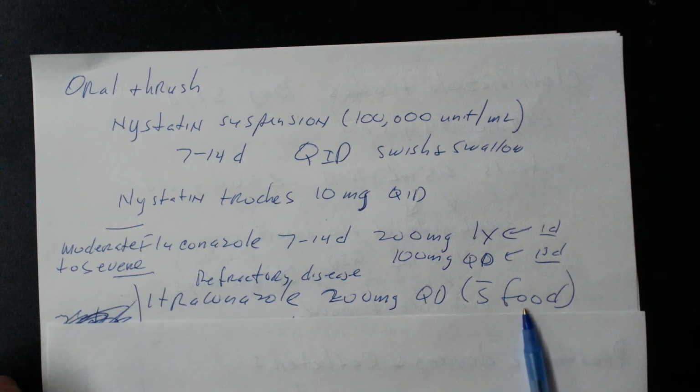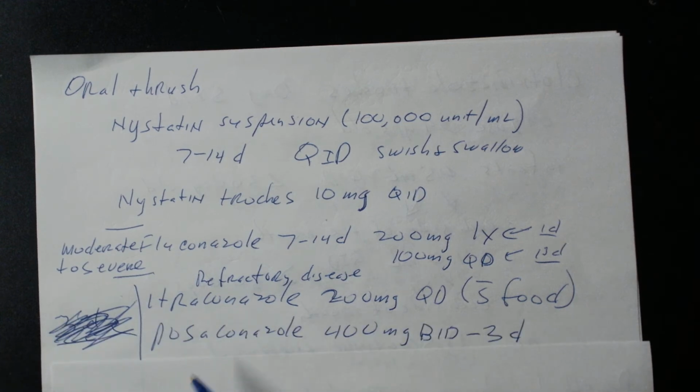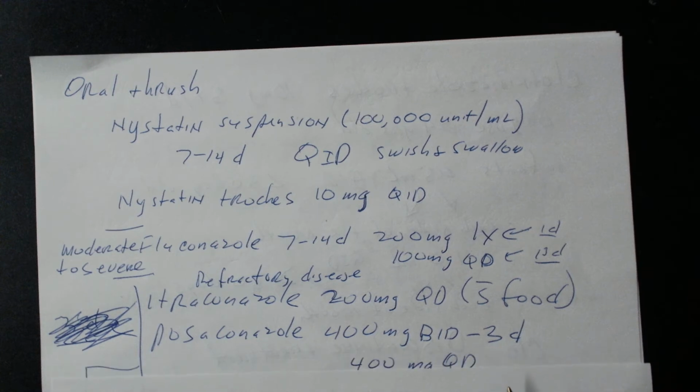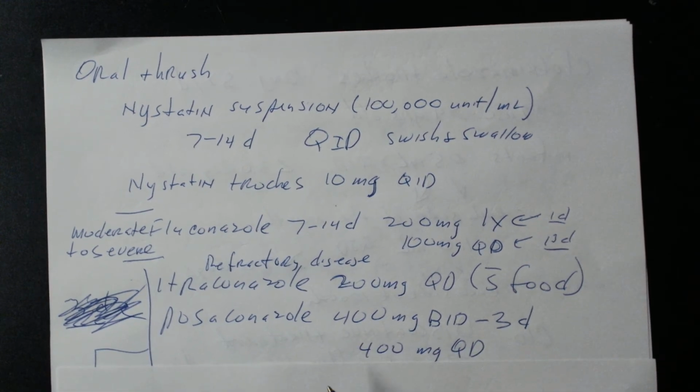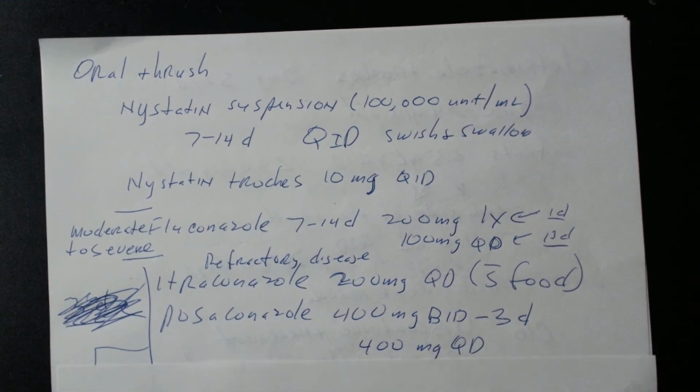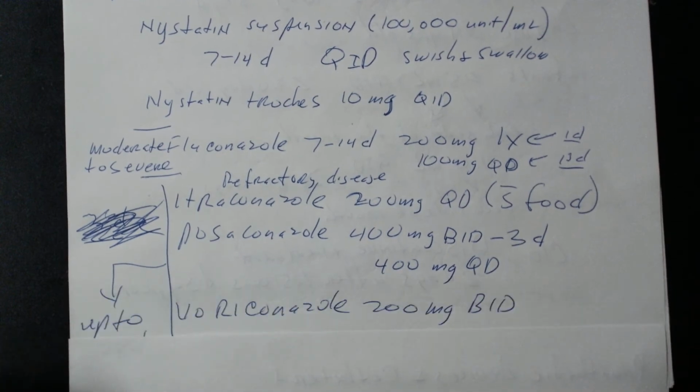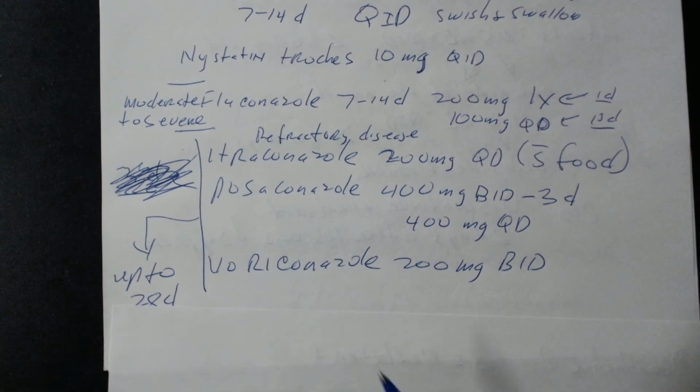Make sure they take it without food. Food disrupts the absorption of itraconazole. Or posaconazole, 400 mg twice a day for 3 days, and then the following days, just once a day, 400 mg. Or you can use voriconazole, 200 milligrams twice a day. And often, for refractory disease, you may have to treat for up to 28 days.